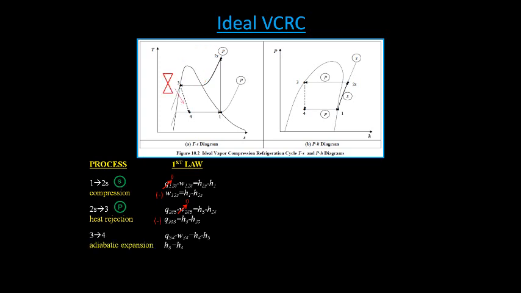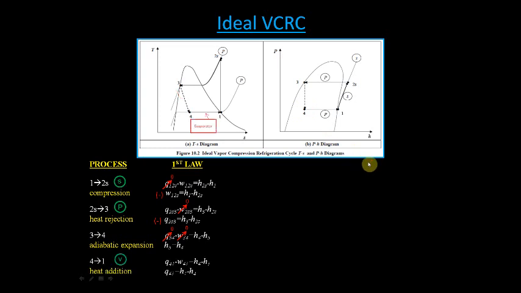The adiabatic expansion, or the third process, shows that we have an adiabatic valve as well as a valve that requires no work and produces no work. Therefore, the enthalpy at state 3 is equal to the enthalpy at state 4. We can see this further on our pressure enthalpy diagram, where the enthalpy at state 3 equals the enthalpy at state 4.